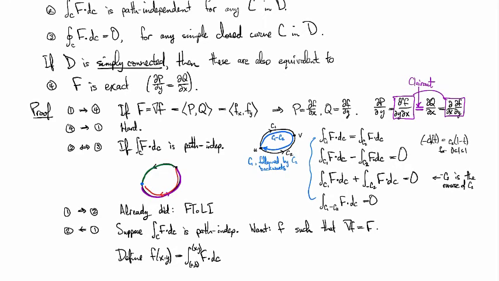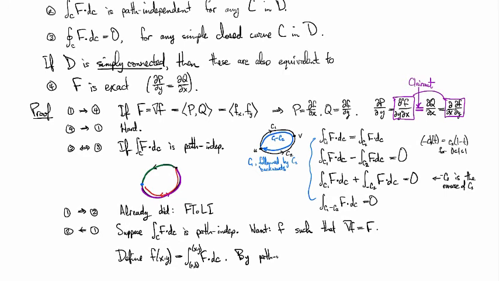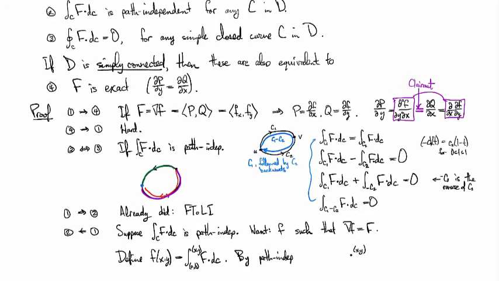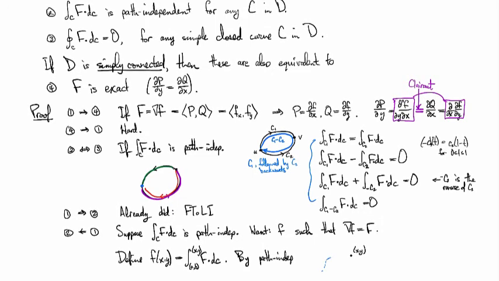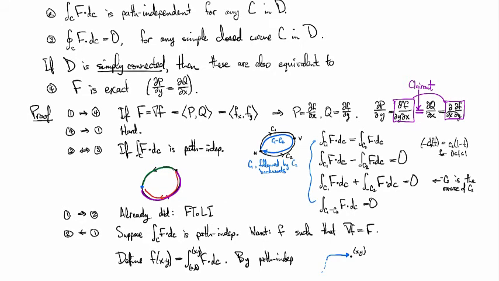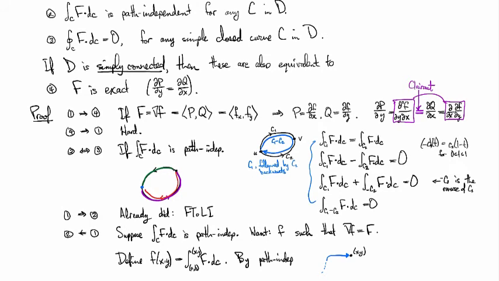So by path independence, if we're looking at some point (x, y), we can approach it on a horizontal path. Maybe that doesn't look totally horizontal, but the idea is that it's just going straight across as we come into (x, y).